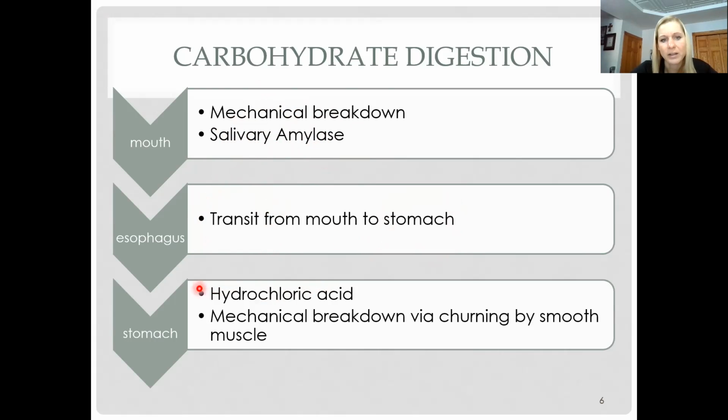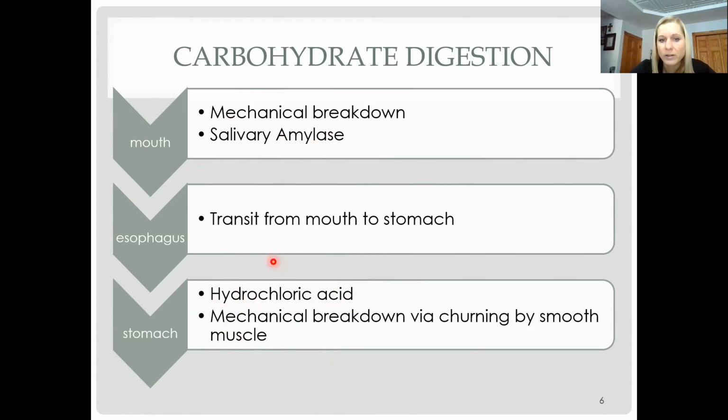Once I get those Skittles into the stomach, they're smaller sections of polysaccharides. I'm going to release a substance known as hydrochloric acid, and hydrochloric acid is going to actually shut off the work of the salivary amylase. The reason for that is this hydrochloric acid is very acidic in nature, so it actually disassembles the salivary amylase so that it can't function anymore.